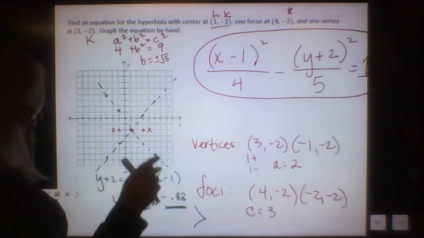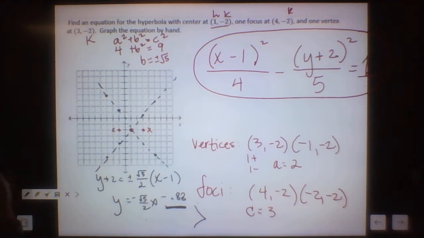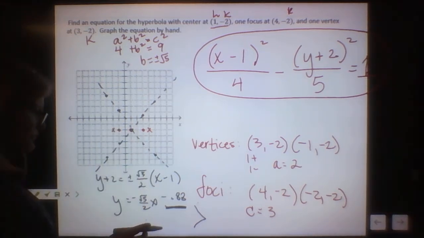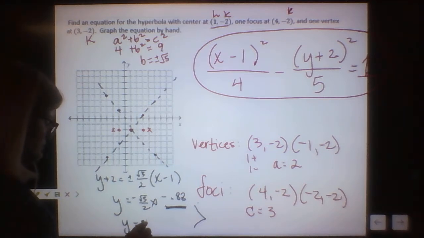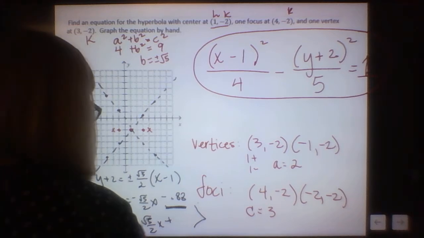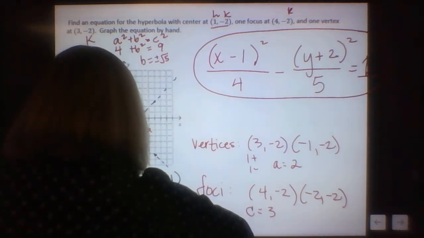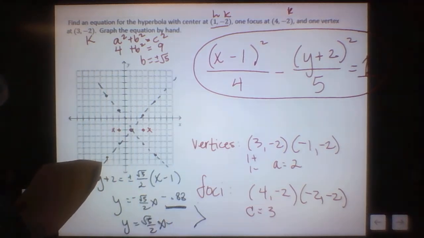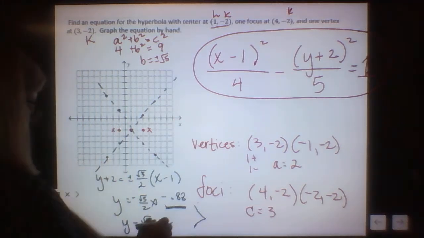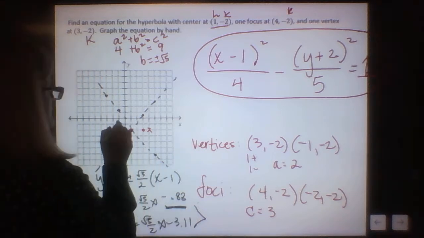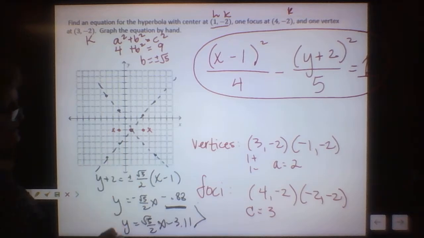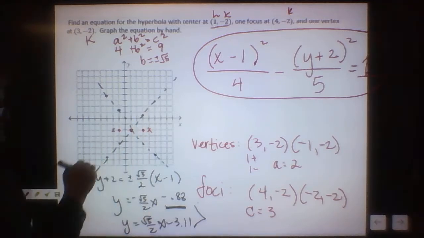But you don't have to work it out if you're going from the center of this, but you do have to work it out if you want to go from the origin. And then the other one would be square root of 5 over 2x plus, or minus, excuse me, 3. So 1, 2, 3. So right in there somewhere is where, if you wanted to use this. But you can just start from here and use the slope.